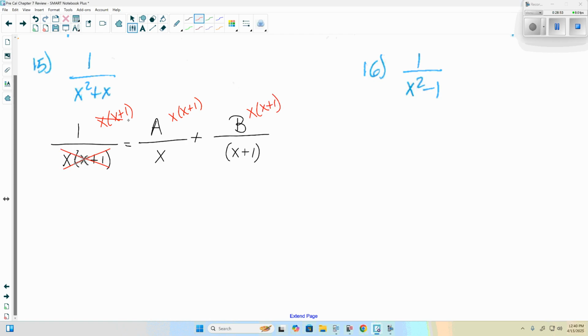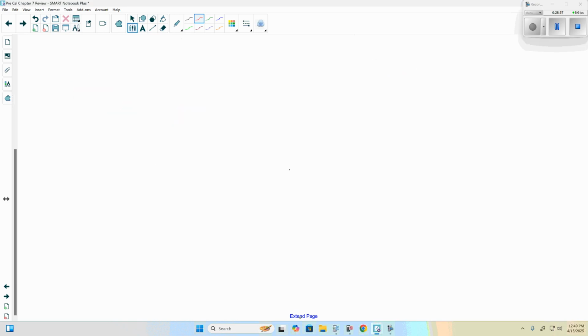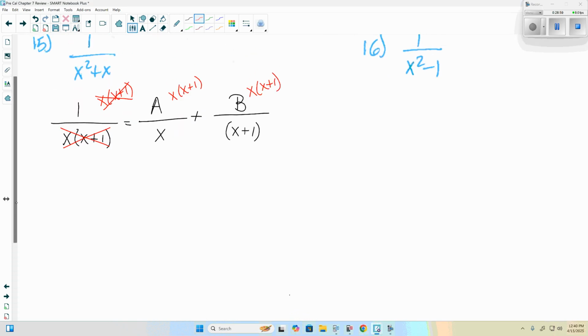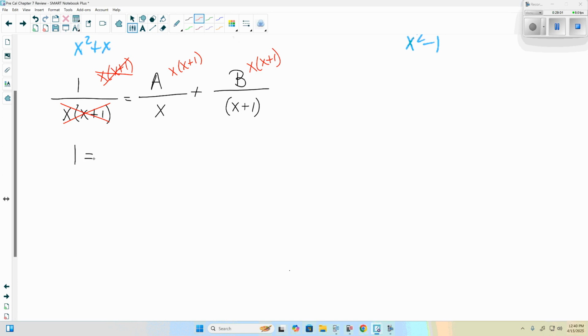On the far left side, they're going to cancel out completely, telling us that 1 is equal to, in the middle, the x and x will cancel, telling us that we have A times x plus 1, plus, in the other fraction, the x plus 1 and x plus 1 cancel, giving us Bx.